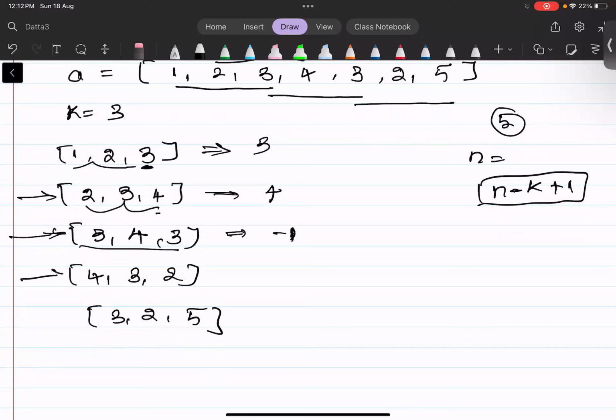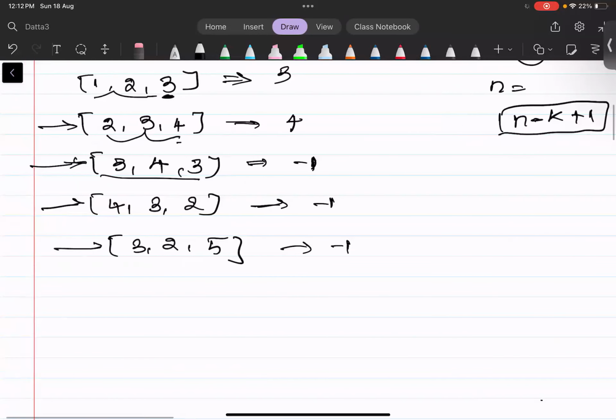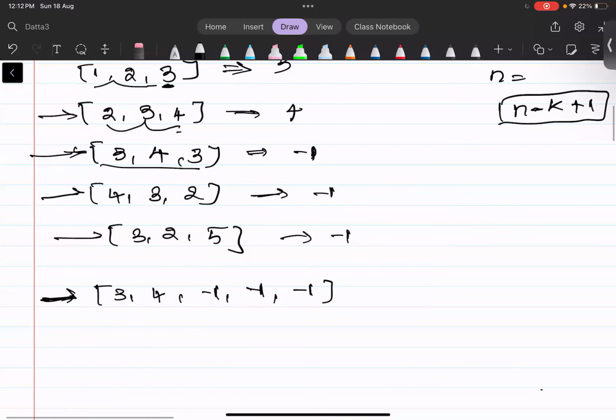Even this subarray is not increasing, so the power is -1. Even this is not increasing, so power is -1. So the power array of the original array is 3, 4, -1, -1, -1. So we have to output this.